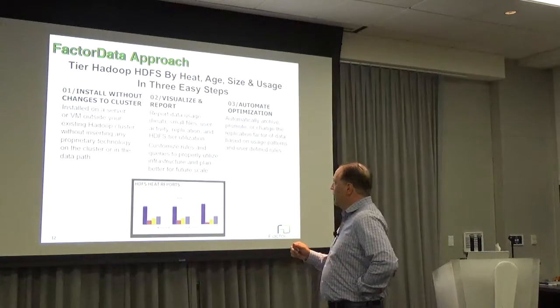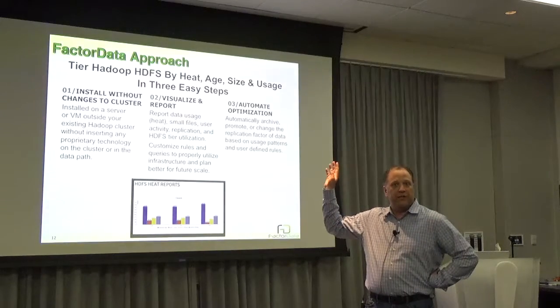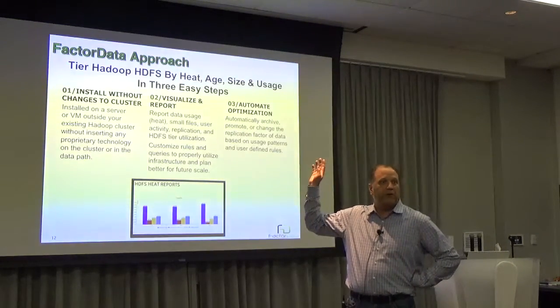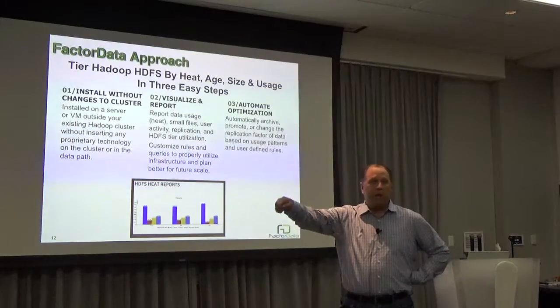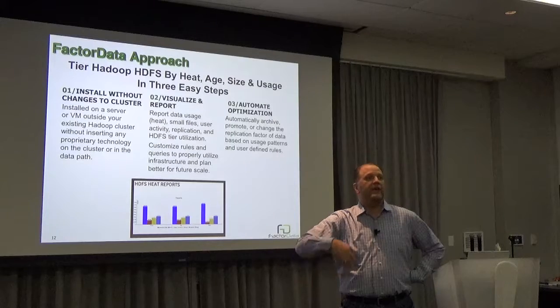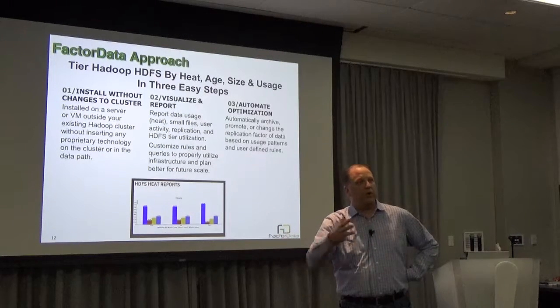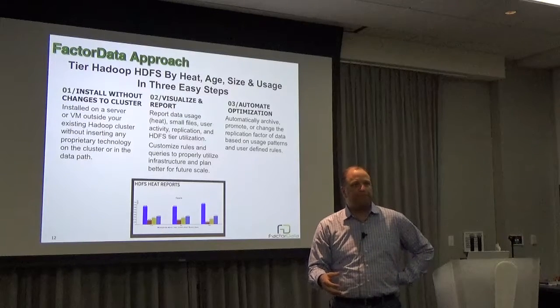And as I was going down the line here to the optimizer, which is actually the automation tool that we include in our software, it will actually perform the changing of the storage policy and allow the mover code to go ahead and move it within Hadoop.